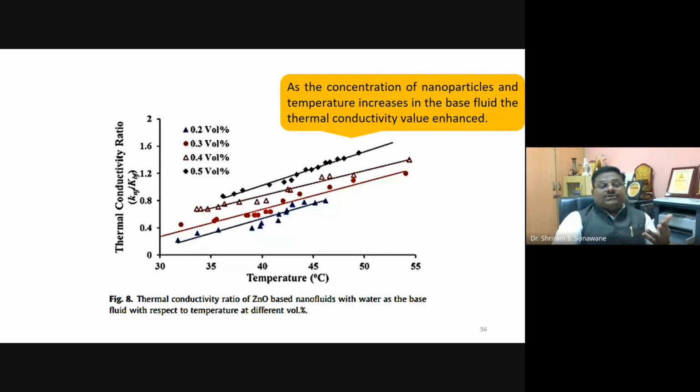As the concentration of the nanoparticles and temperature increase in the base fluid, the thermal conductivity value is also enhanced, and that is with reference to 0.2 volume percent, 0.3 volume percent of zinc oxide nanoparticles, 0.4 and up to 0.5. So we have come to the conclusion that because thermal conductivity is a temperature-sensitive phenomenon, if temperature also increases, the thermal conductivity value is also increased respectively. Next slide.